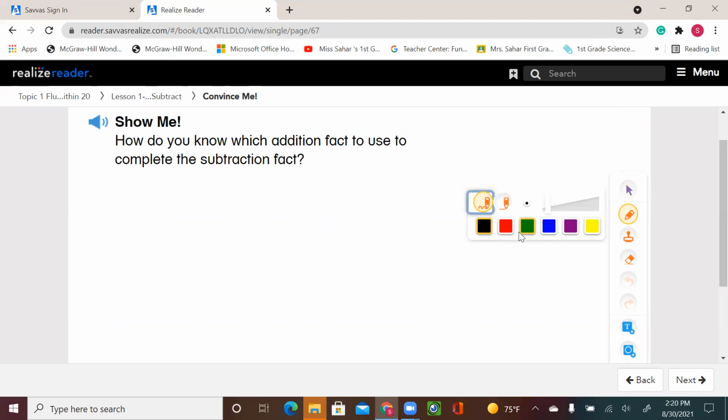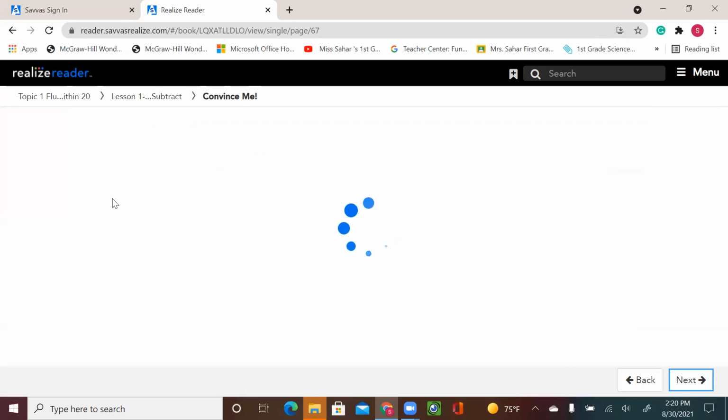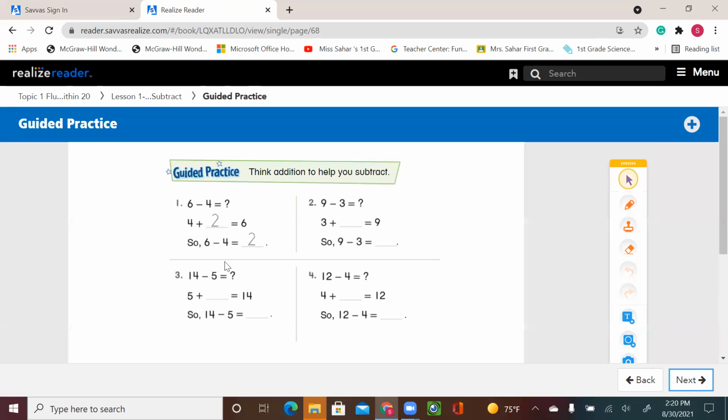So for example, 8 minus 3 equals 5. That means 5 plus 3 equals 8. You can do any example you would like.